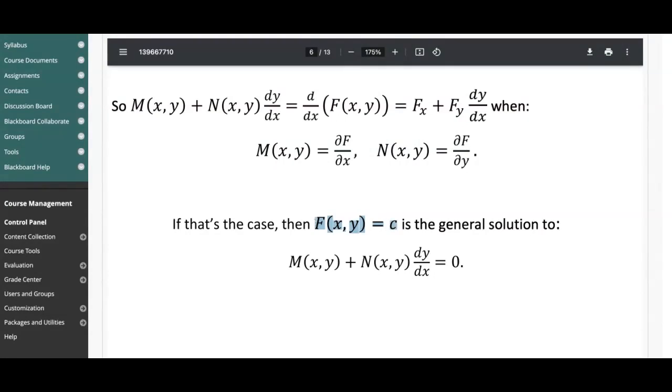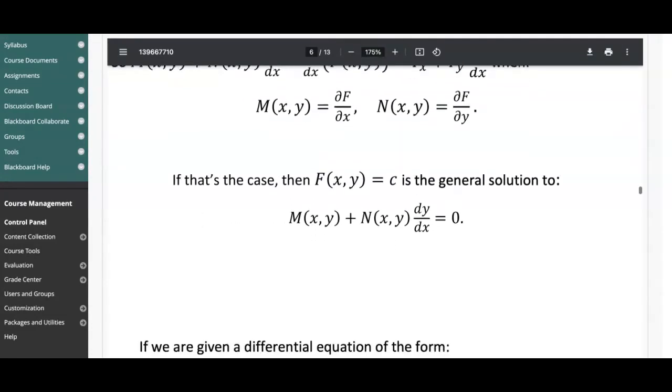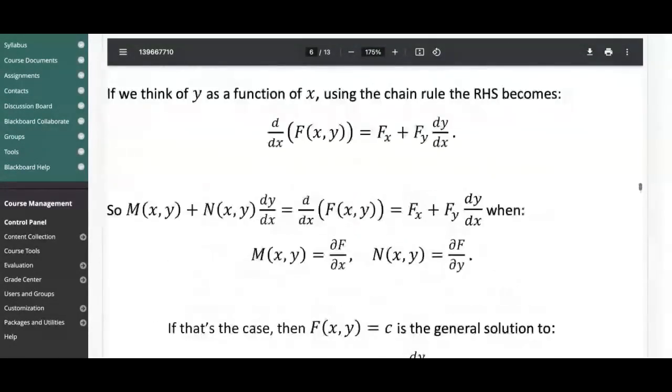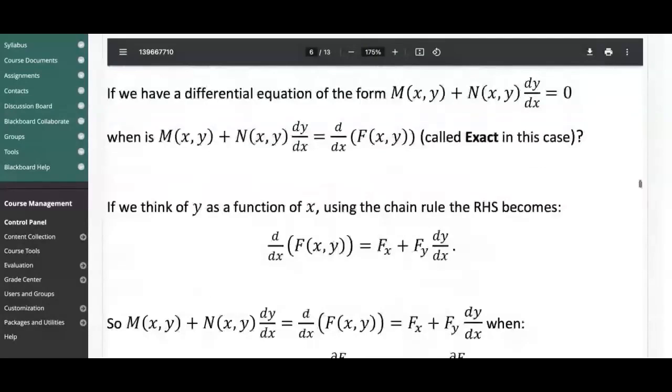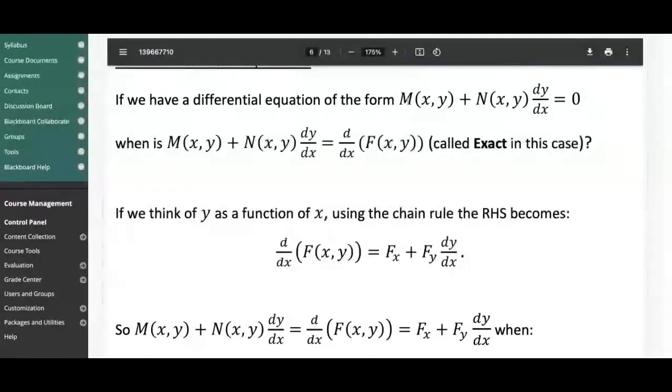Then we consider the solution as a level set of such a function, as a general solution. Let's see an example. So this equation already equals 0.